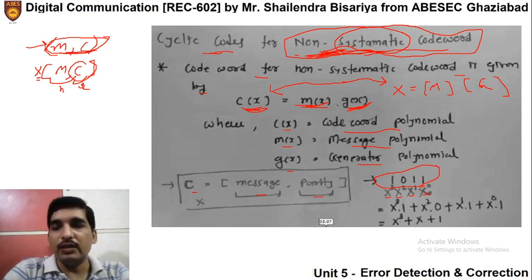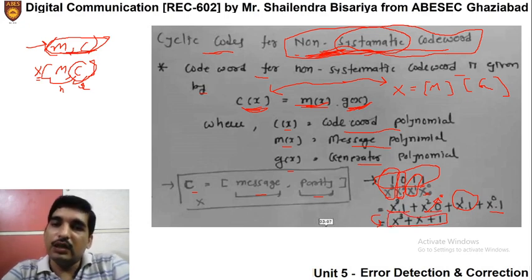So we will get x^0 into 1, x^1 into 1, x^2 into 0, which is simply 0, and x^3 into 1. So from this expression we get the polynomial as x cube plus x plus 1. This is how we write the polynomial.